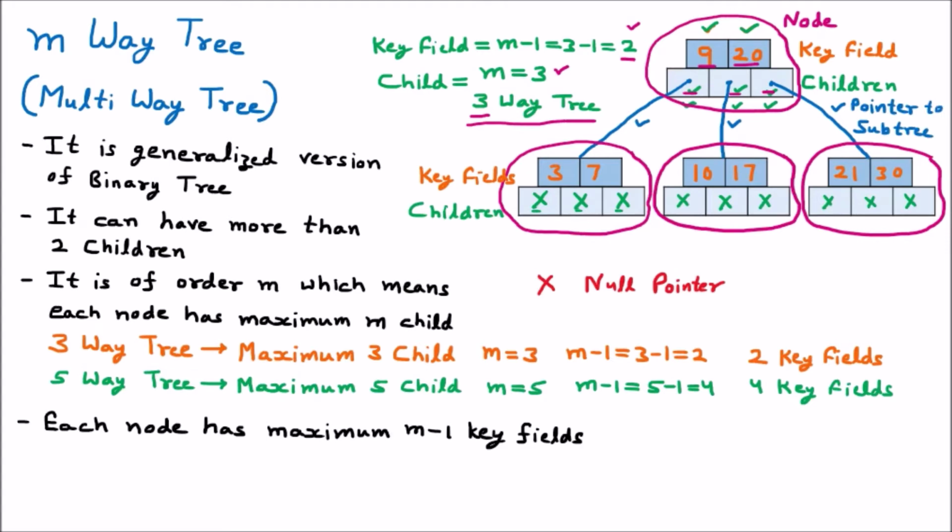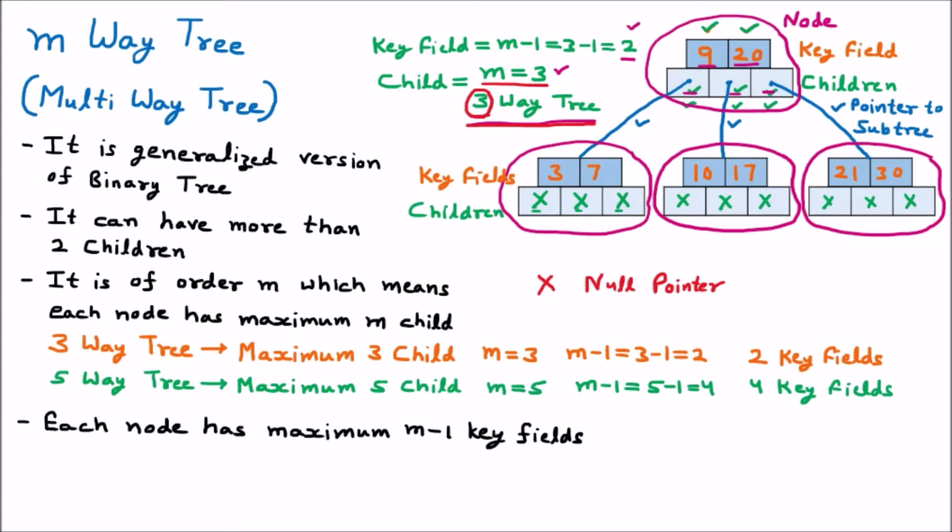We know that first of all, whenever an M-way tree is given, we should find out what the M is. Here a 3-way tree is given, which means the value of M is 3. That means every node will have a maximum of 3 children.